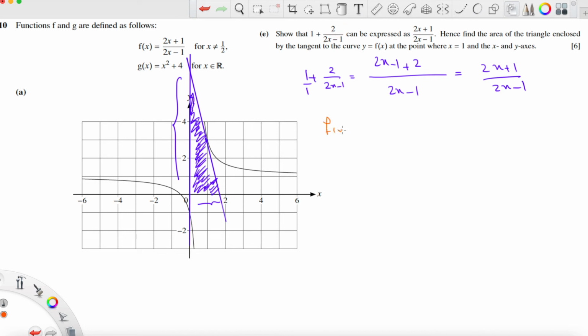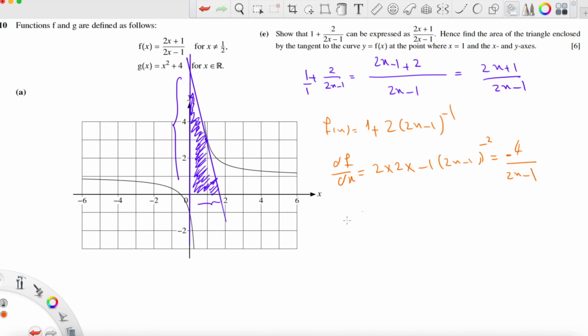So I use this function to differentiate 2 over 2x minus 1, which is 2 times (2x minus 1) to the power of negative 1. Differentiation of 1 is 0, but differentiation of this expression is 2 multiplied by the differentiation of the bracket, 2, multiplied by the power, then (2x minus 1) to the power of negative 2, which becomes negative 4 over (2x minus 1) squared.